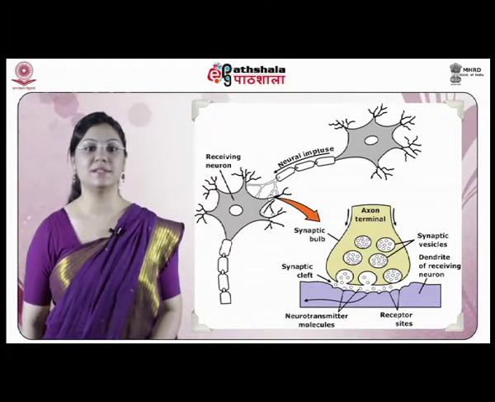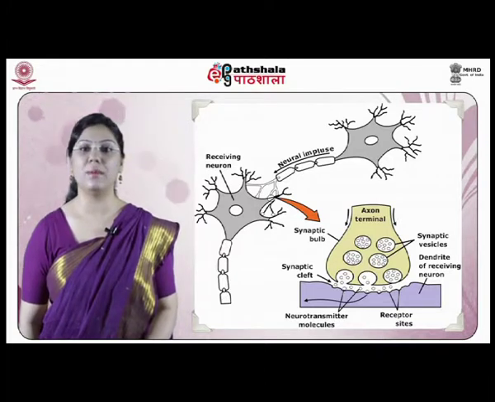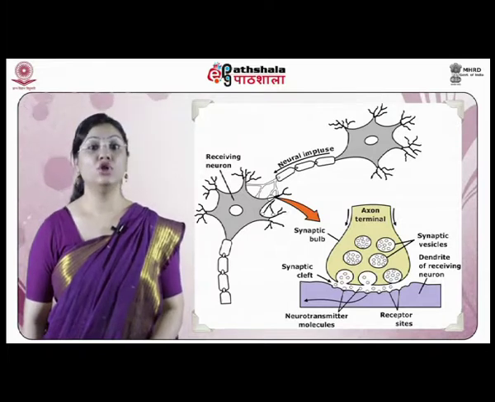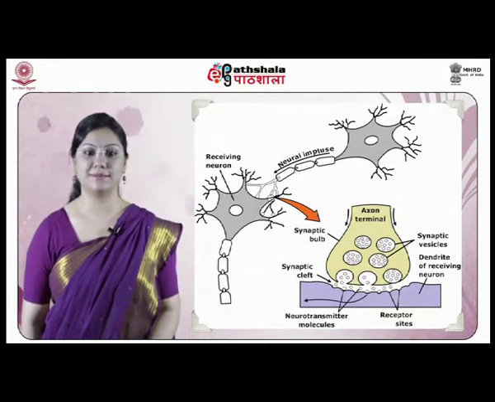A synapse consists of junctions between the terminal buttons of one neuron and the postsynaptic membrane of the target neuron, usually the dendrite.